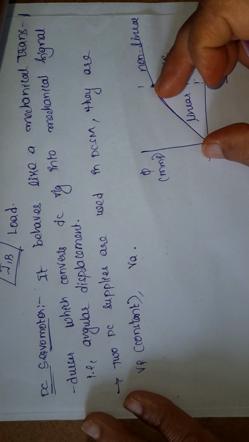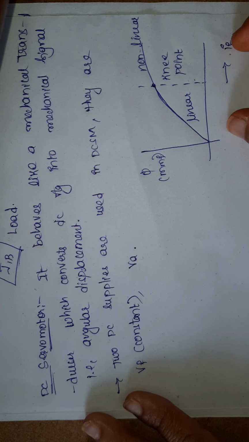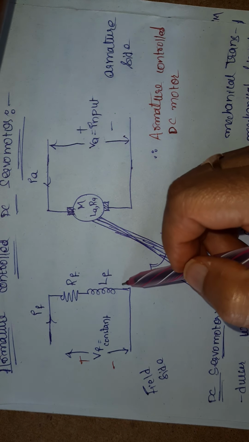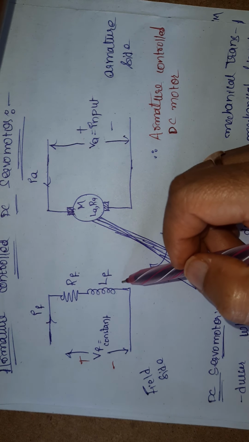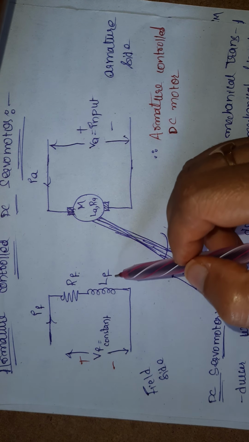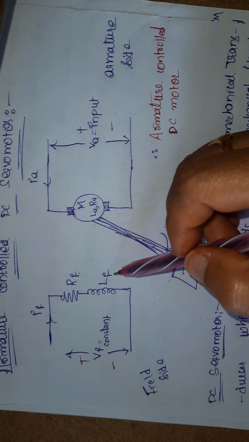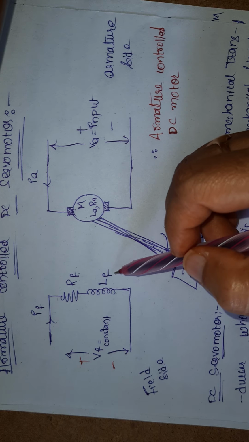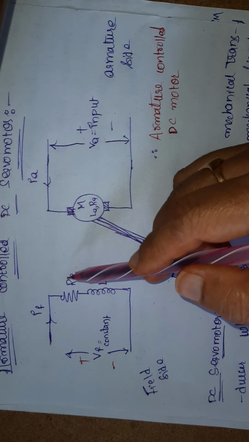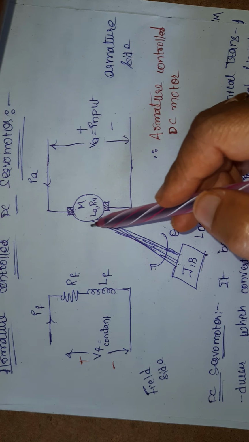In the linear region, IF is directly proportional to phi, that is MMF, because here I have the field by this inductor L, and this field is interacting with the current IF and also the current IA.